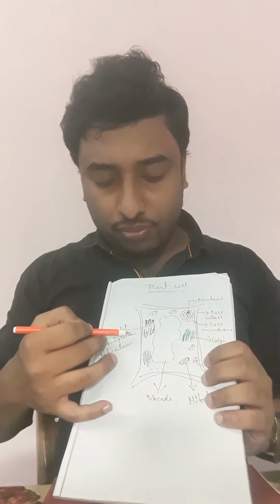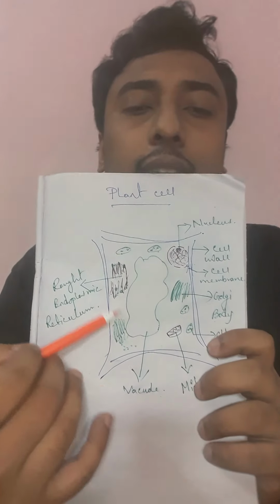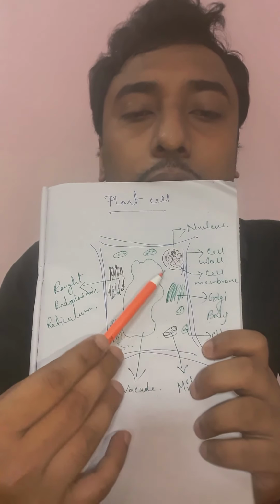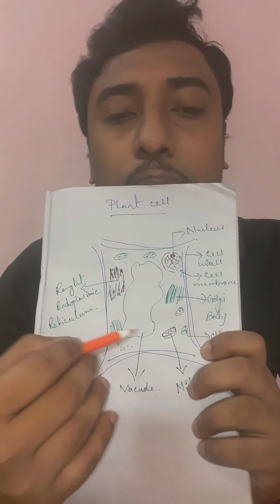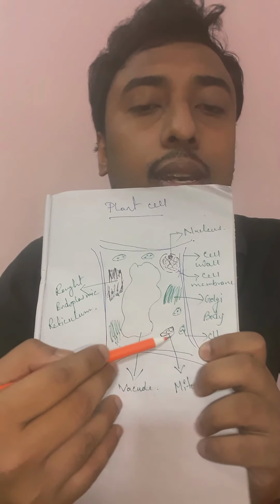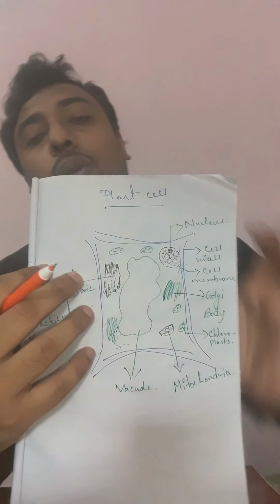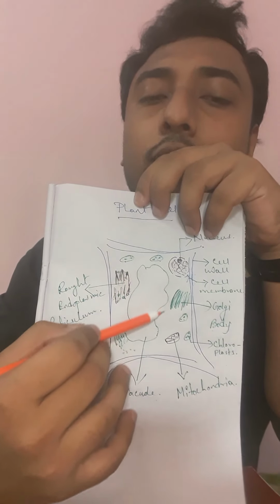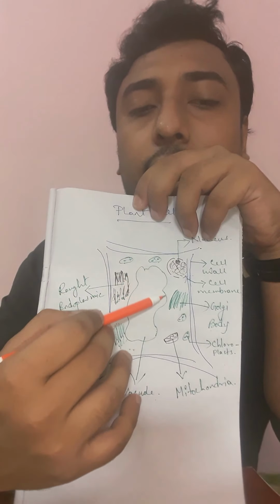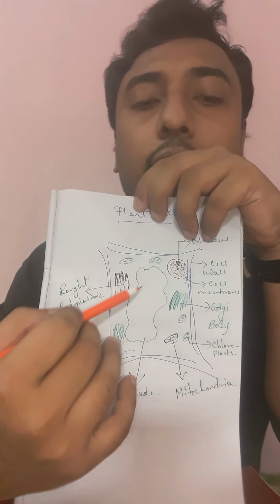Next, see the structure in the plant cell. The nucleus is present, as well as endoplasmic reticulum and mitochondria. What is the new structure? See, the entire part of the plant cell is composed of the cell vacuole, which is very important for the plant.